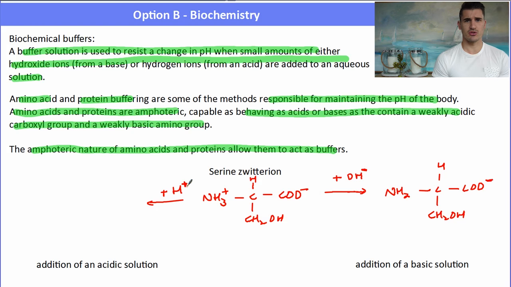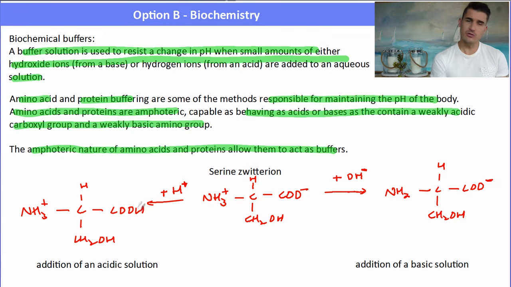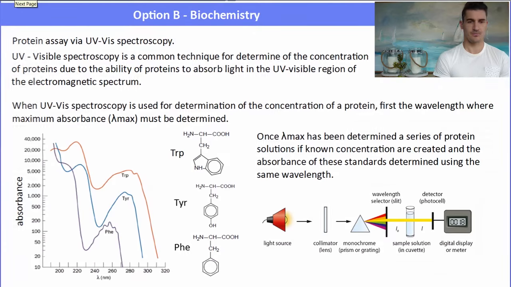If we added that amino acid to a solution containing some acid, some H+, then the part of this amino acid that can react with the acidic part is the COO- ion, the carboxylate ion. That is a moderately strong base, so it can accept a proton from the solution and form the carboxyl group. The carboxyl group is a weak acid, so it's essentially resisting some of that pH change.